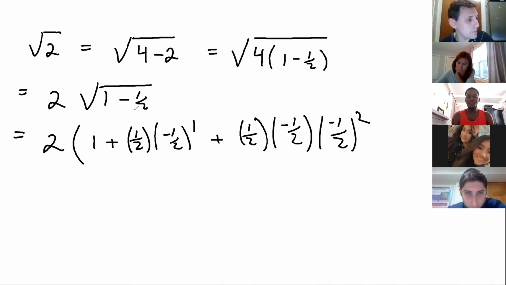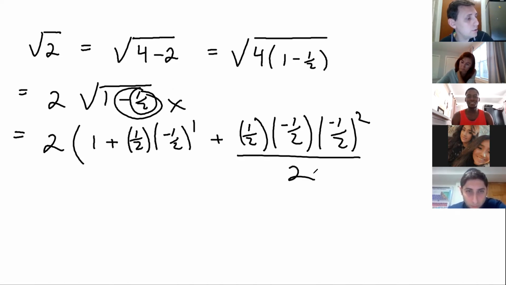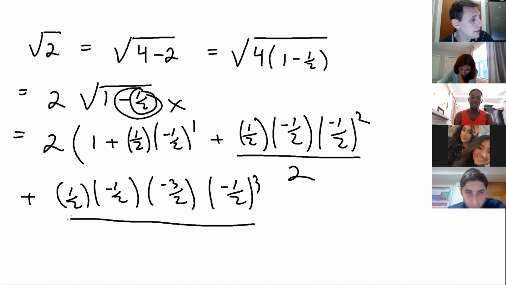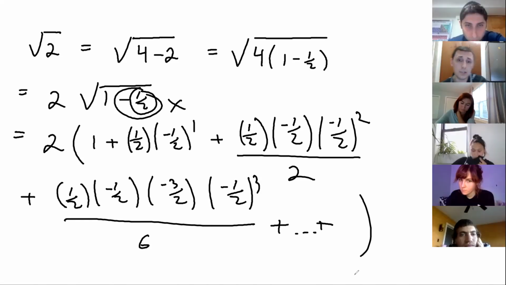This is my x. Minus 1/2 squared is x squared, right? Divided by 2, plus 1/2 times minus 1/2 times minus 3/2 times minus 1/2 cubed divided by 6, and so on. This convergence is very rapid. It's a very fast convergence, and you will get your digits this way as well.